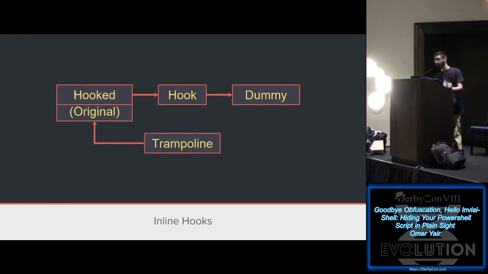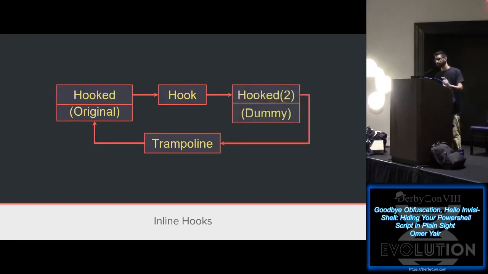And it creates also the trampoline. So the next step, you hook the dummy function and pass it the trampoline as the pointer of the hook function. So whenever your hook function calls the dummy function, it will actually call the original function to get the original functionality, and .NET will not know that the function was hooked.